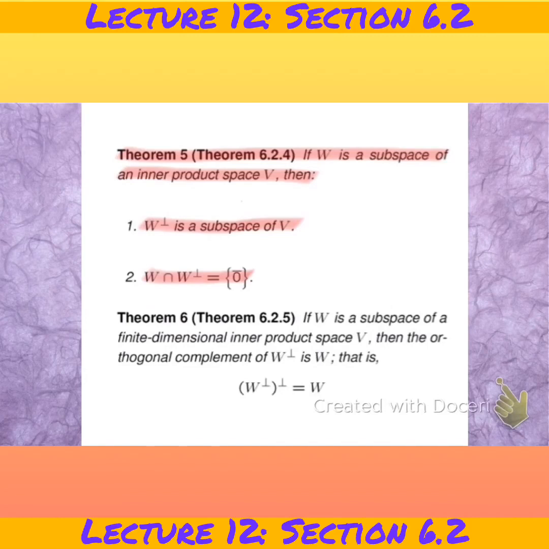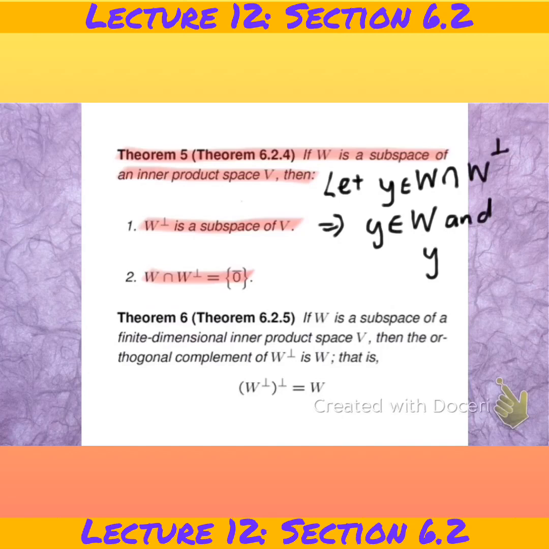So if you take a vector y and you let this vector be in the intersection between W and W's orthogonal complement, that's going to imply that y is in W, and y is also in the orthogonal complement of W. But what does this mean?